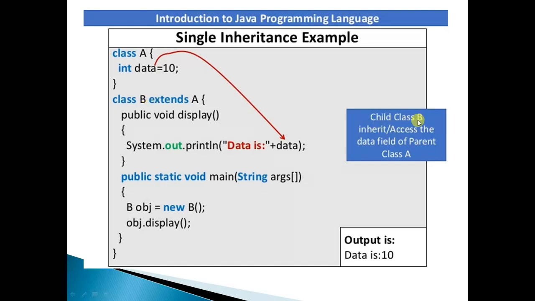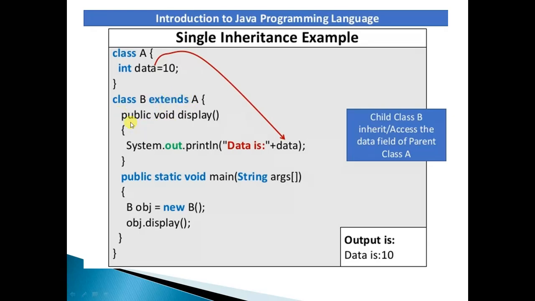So here the child class B inherits and accesses the data field of parent class A. Data is an integer type variable which has the value 10, and class B extends class A. This is the syntax, and you have to write the extends keyword each time you are inheriting.